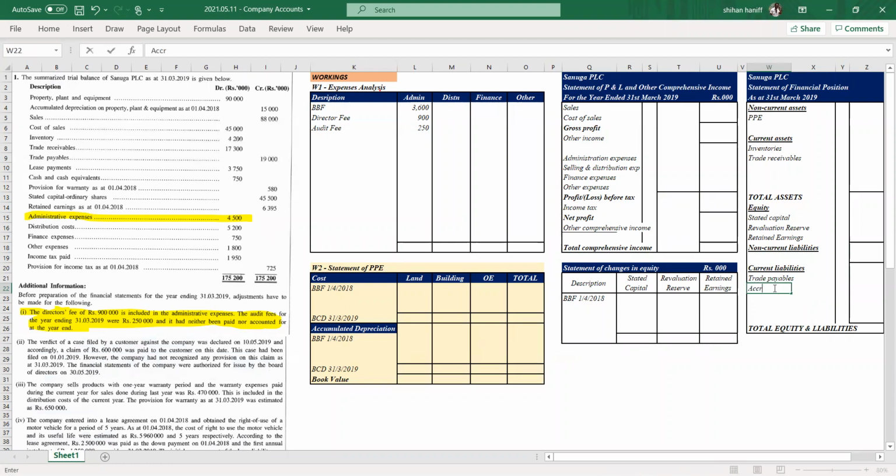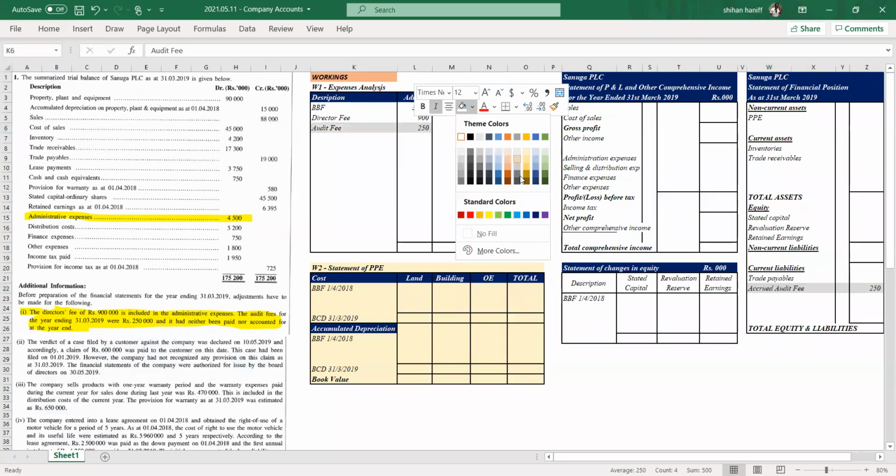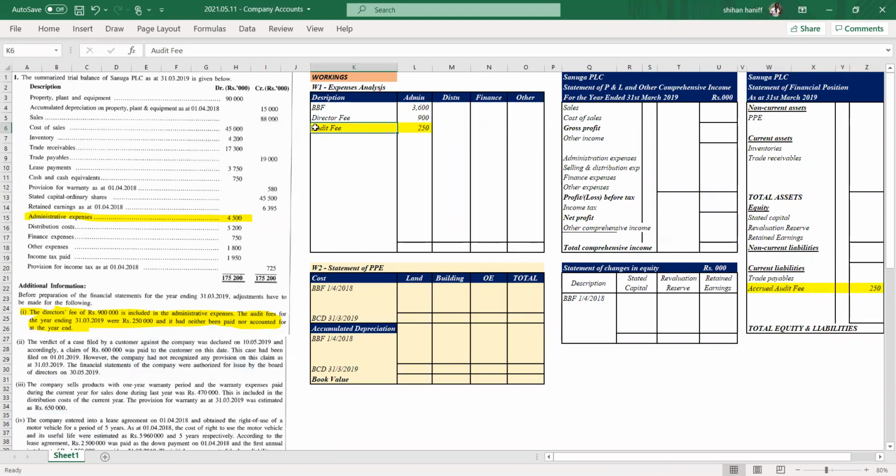Accrued audit fee, 250. Accrued audit fee will be added to the admin and it is payable, so current liability. Right. So that is the first adjustment.